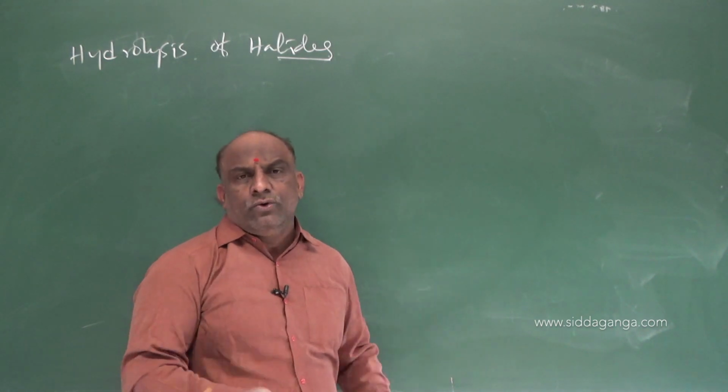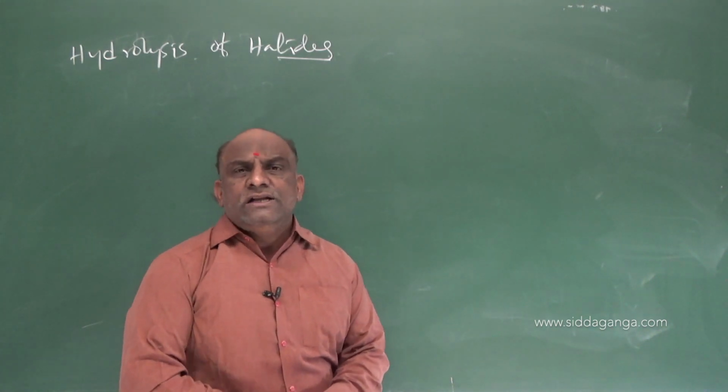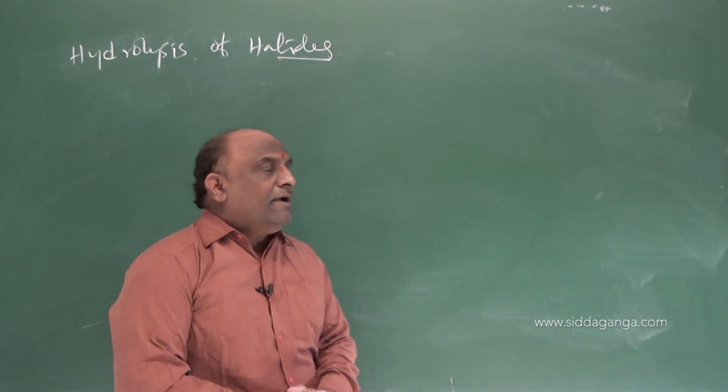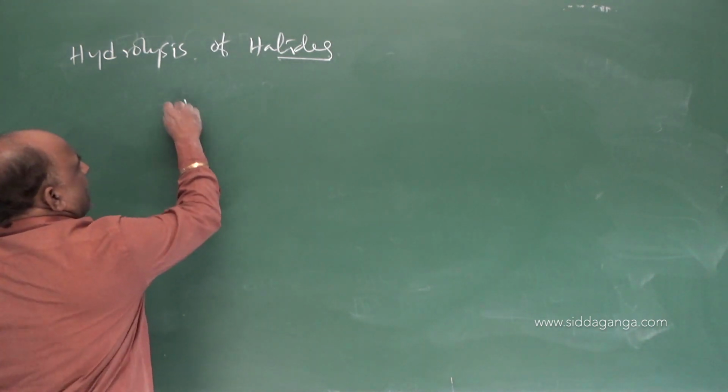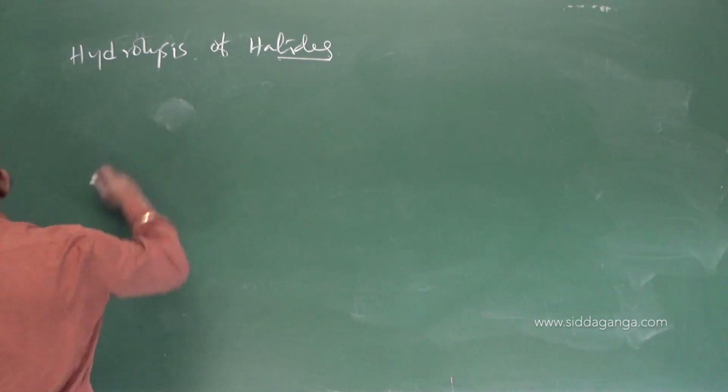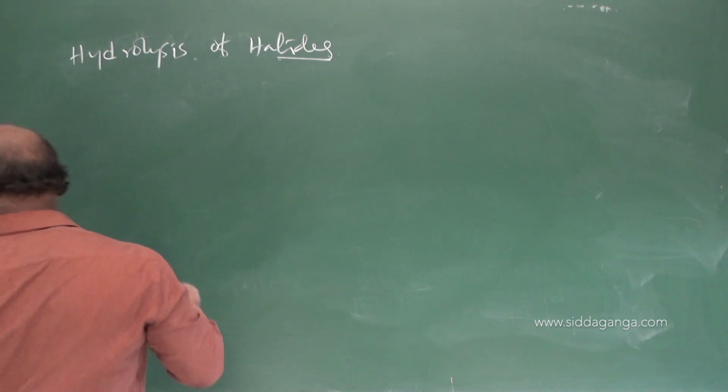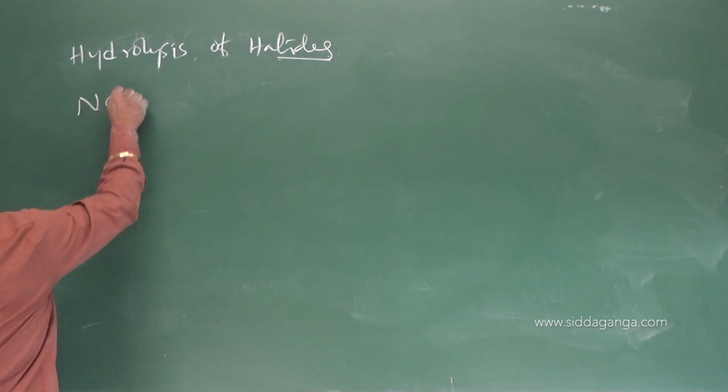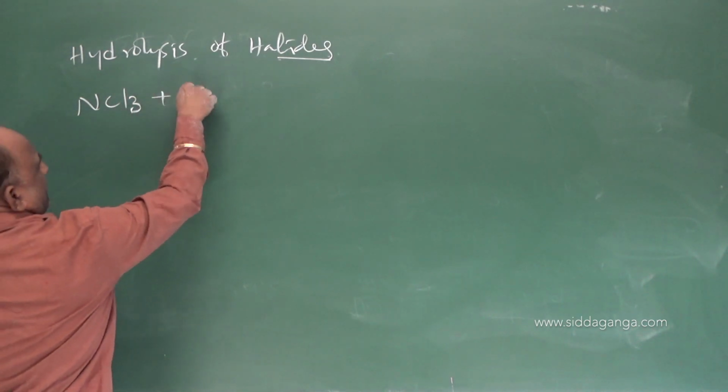Suppose you go to the 13th group element, the answer is boric acid. And here suppose the compound is NCl3. NCl3 plus H2O.